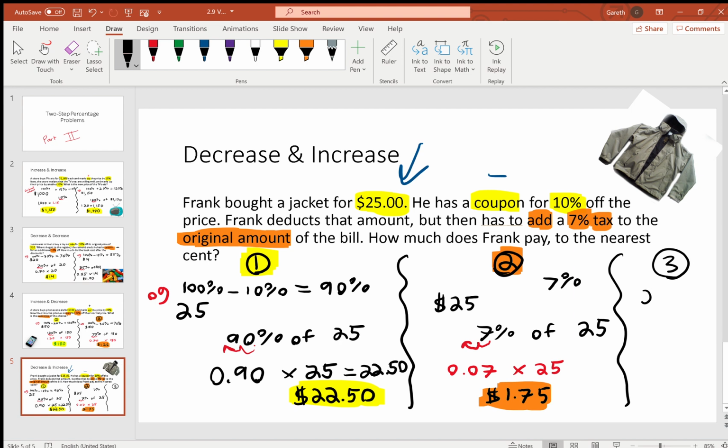So for the jacket, he paid $22.50, and then in tax, he paid $1.75. So we add them together. Voila. Once we add them together, we find out that all in all, with the coupon and then adding tax to the original amount, Frank paid $24.25. And that, ladies and gentlemen, is my final answer.